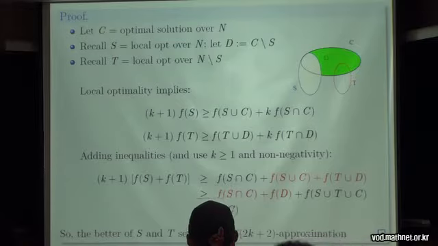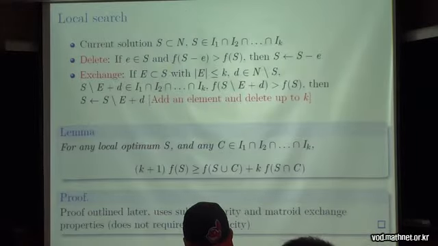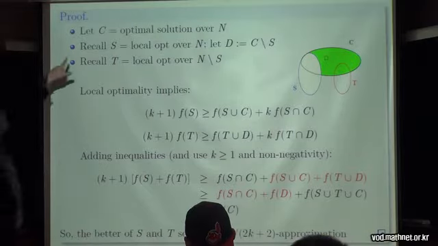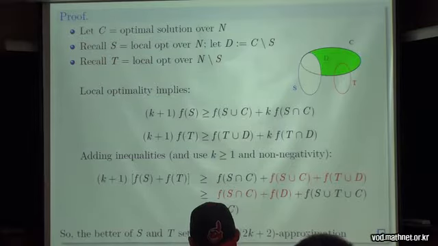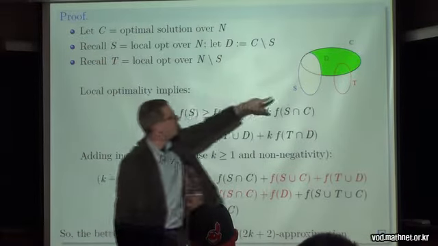So here's how the proof works. Again, I'm going to assume this lemma here and use the lemma. We still have to prove the lemma, but this is how the proof goes. So let's let C be the optimal solution. It's a little picture of it over there. S is the locally optimal solution.